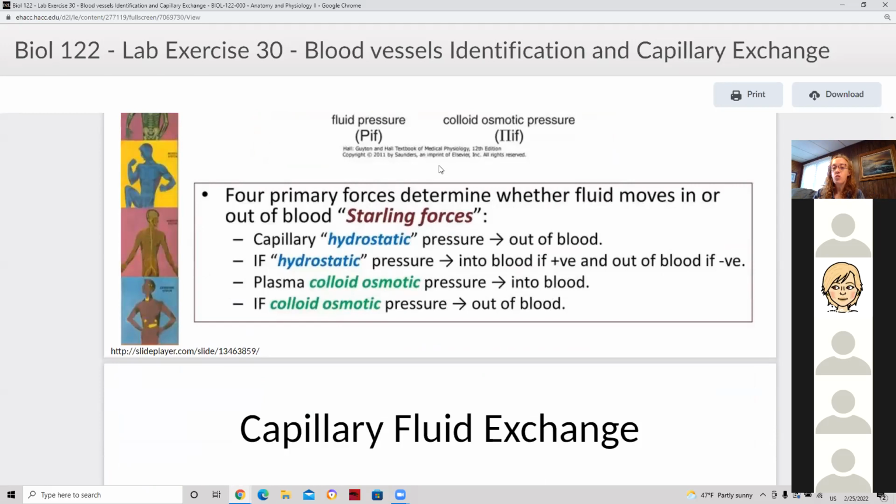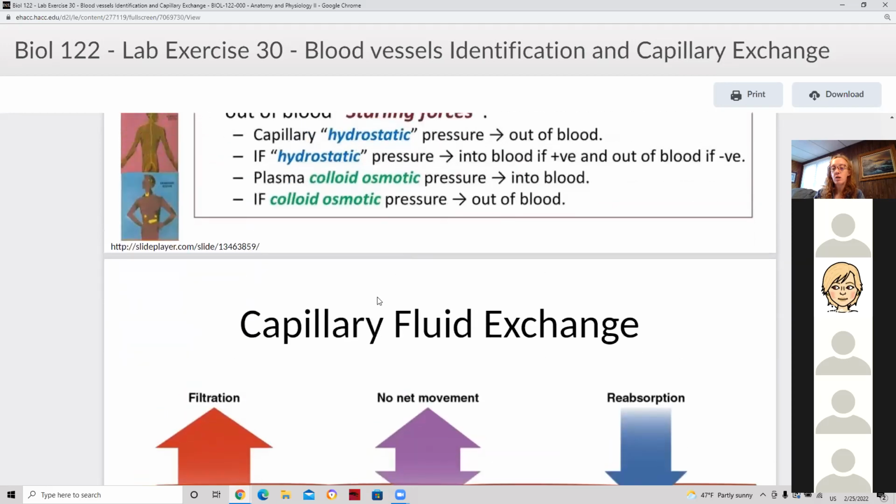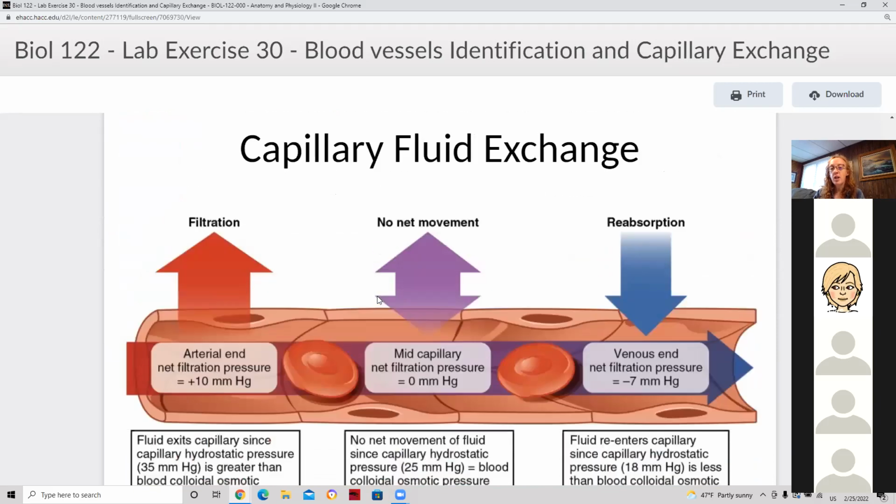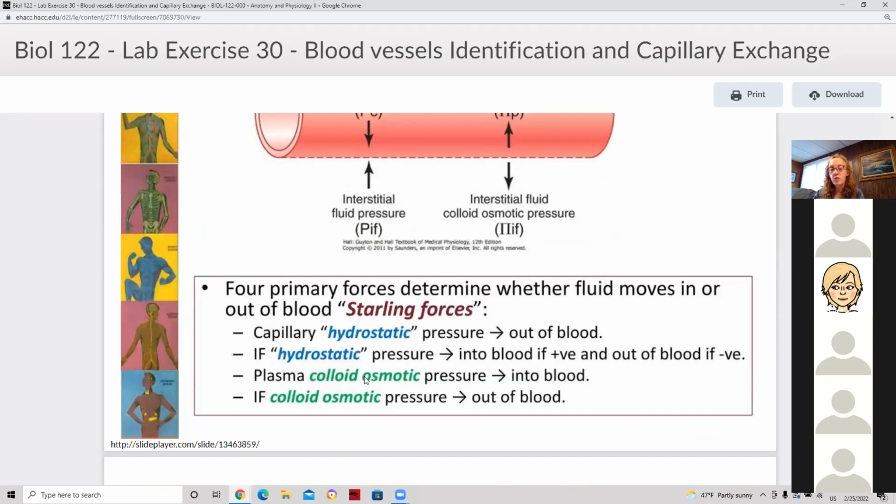Questions? So we have these different opposing forces. Depending on their values, fluid will move into or out of the capillaries.